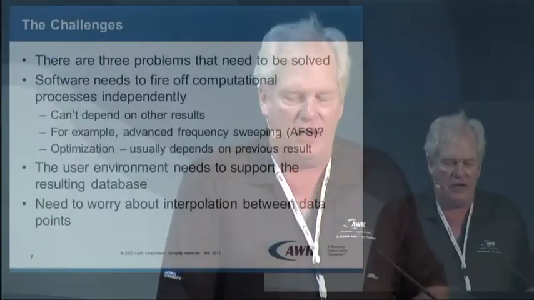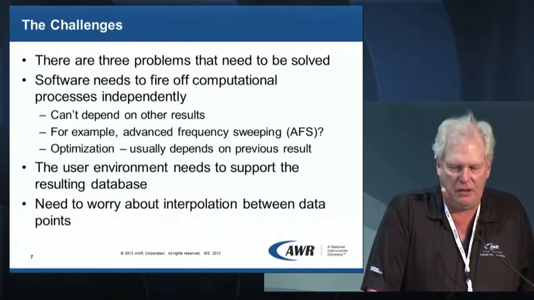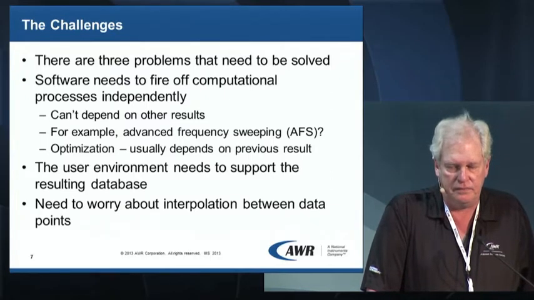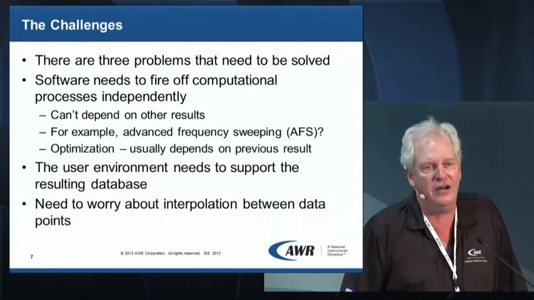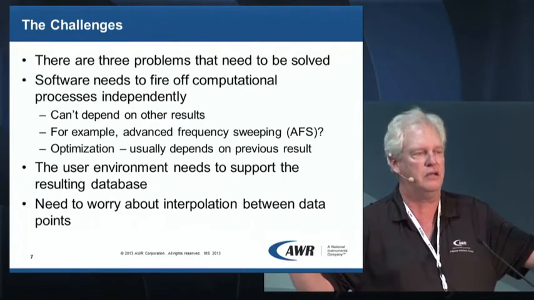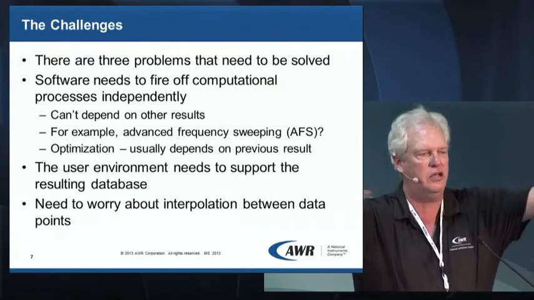So let's look at the issues with the circuit simulator. Okay. So we're firing this off on all these cores. It's different computer, this type 1 parallel problem. And we've got 3 issues that we need to deal with. First of all, the key here is all the problems are independent. So you solve at 1 gigahertz, you solve at 2, you solve at 3, don't need to know about each other, life is good.